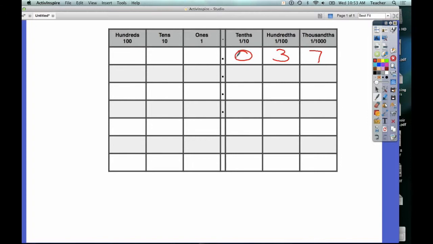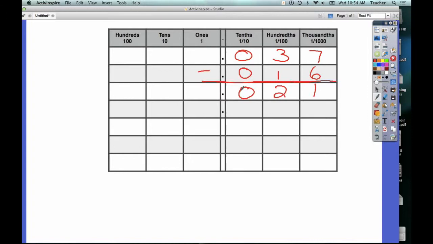You just don't do that unless you want to do a big stretch. Minus 16 thousandths. Seven minus 6. 3 minus 1. 2. 0 minus 0. 0.